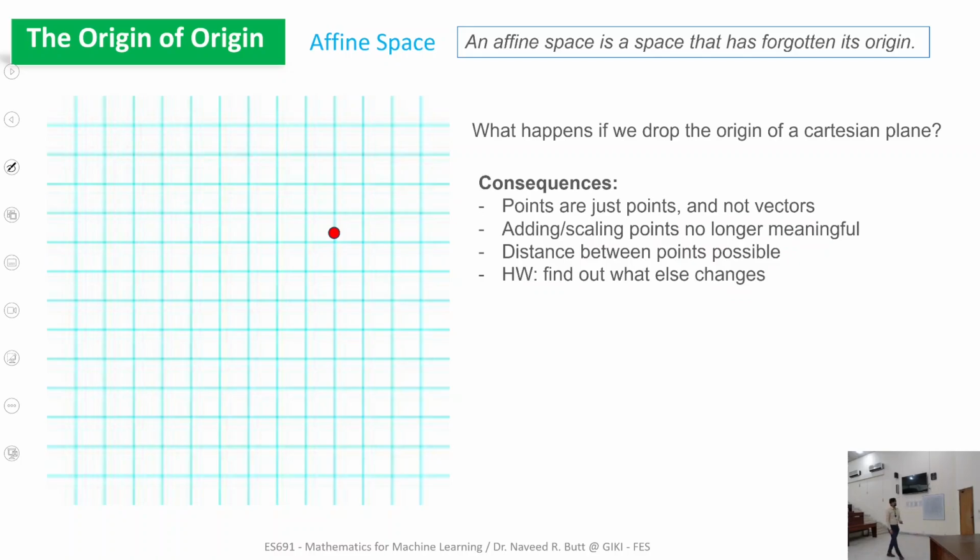So points are no longer vectors. Adding and scaling of points makes no sense. You cannot, vectors की जो addition वगैरह वो हर कोई अपने origin के लिहाज से करेगा तो अलग अलग निकलेगी, ठीक? And you can still measure the distances, but there are many other things that change.